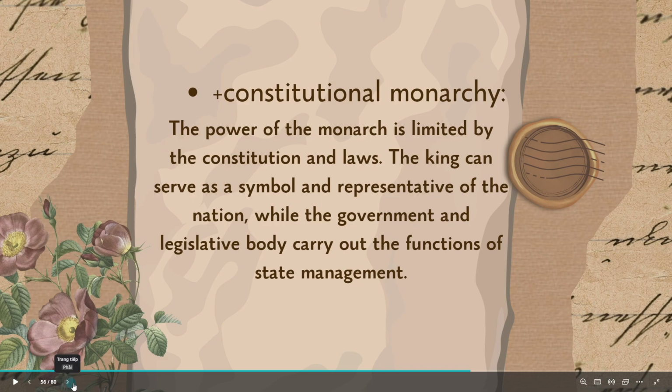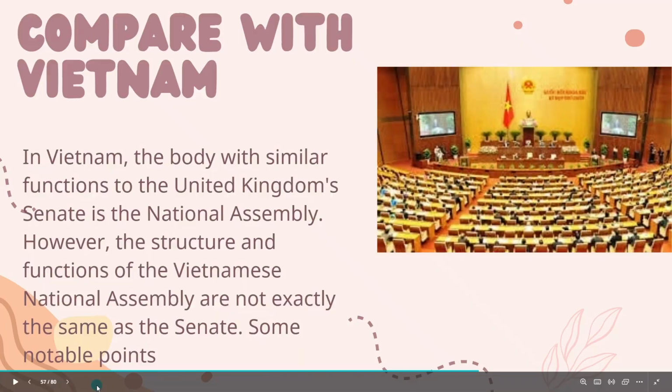And compare with Vietnam. In Vietnam, the body with similar functions to the United Kingdom Parliament is the National Assembly. However, the structure and functions of the Vietnamese National Assembly are not exactly the same as the Lords.